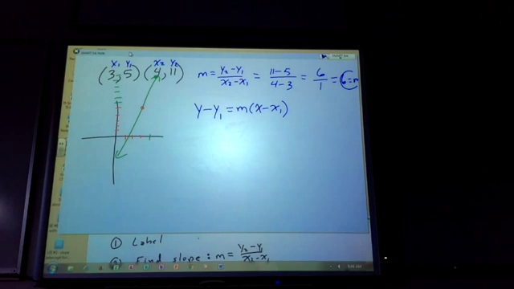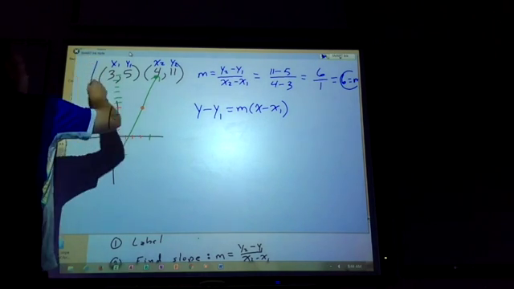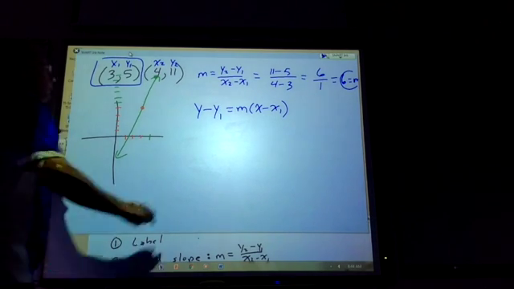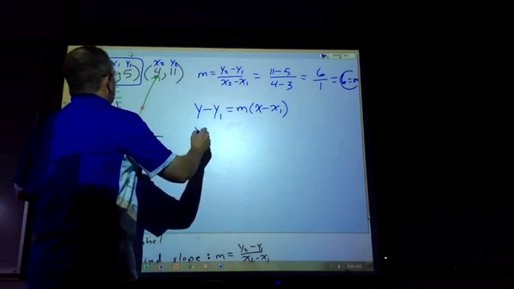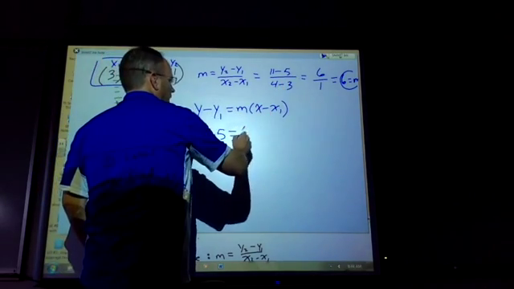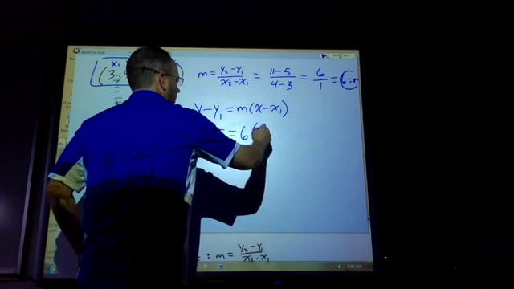Now, have I already labeled something x1, y1? Yes. So let's continue to use it. We're going to ignore the x2, y2 for the rest of this problem. But I'm going to go y minus 5 equals slope. We found that to be 6. And then x minus 3.